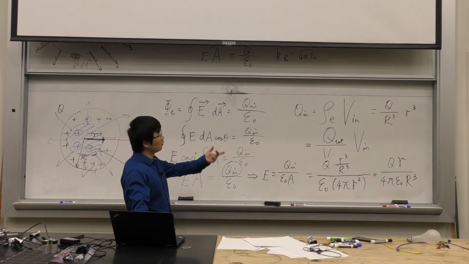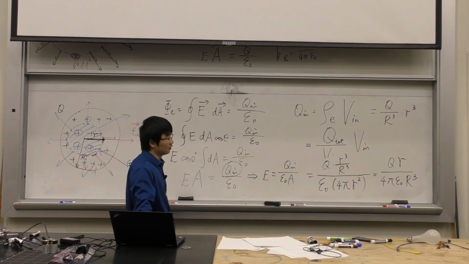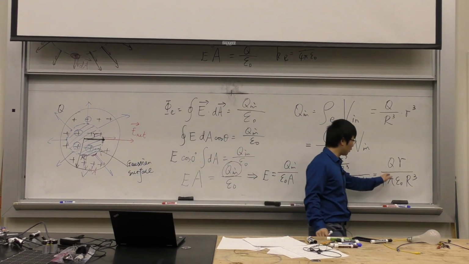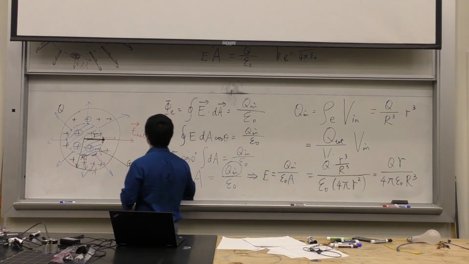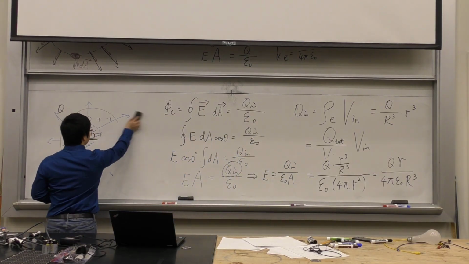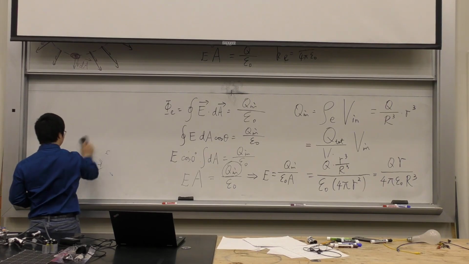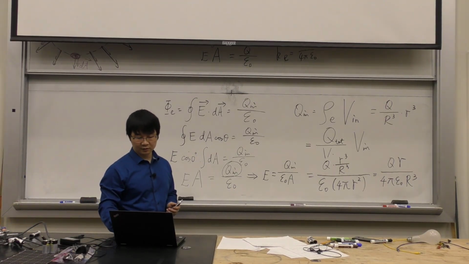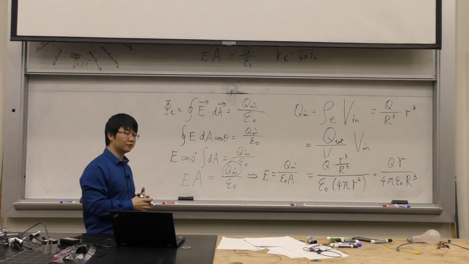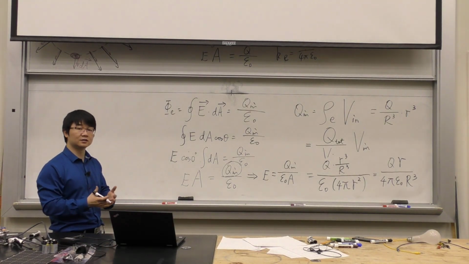And again, if you want to write it in terms of ke, you just replace the 1 over 4 pi epsilon naught with ke. But anyway, our conclusion is going to be this. If I put everything together, the direction of the electric field is always going to be outward. Doesn't matter if you pick a point outside or inside the sphere.